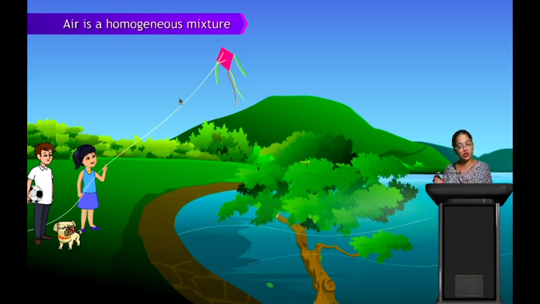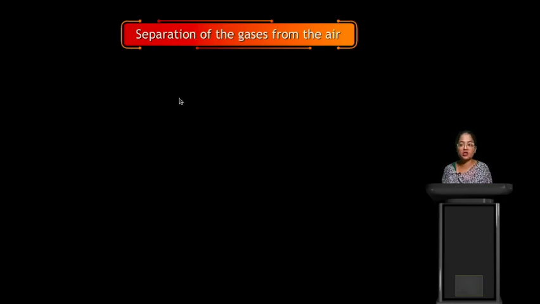All these things are a mixture, but a homogeneous one. All of them are mixed well among themselves. So how to separate the gases from the air? How to separate this oxygen, this nitrogen, this argon, and all these different gases that are in the air?